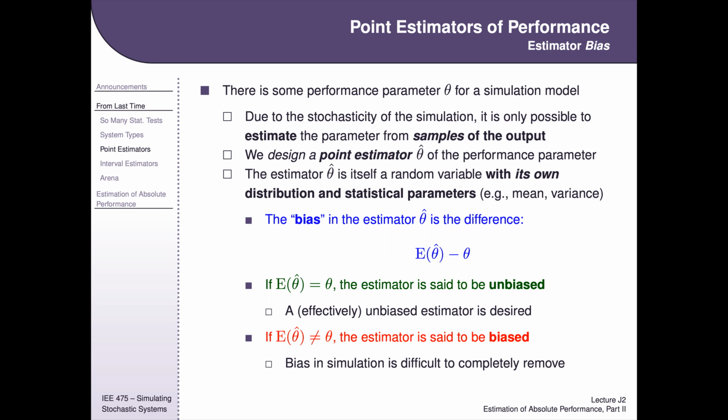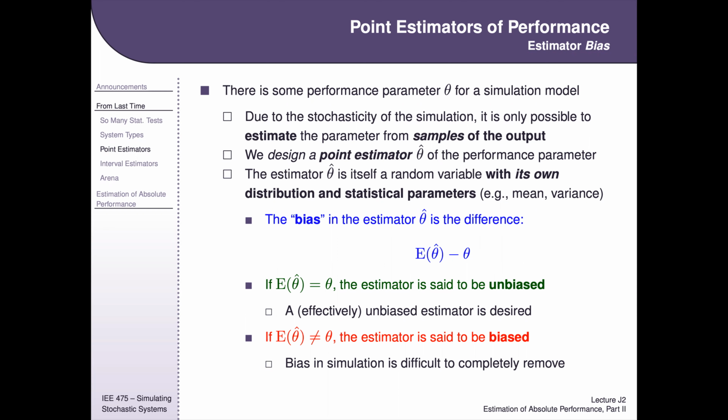But it's just an estimate. The mean value of theta hat minus the true value of theta is what we refer to as the bias. If we generate theta hat over and over again across different simulation experiments, that gives us a mean. We would like that to be exactly equal to the real population mean, but it may not be. Due to those initial conditions and things like that, we might generate bias.